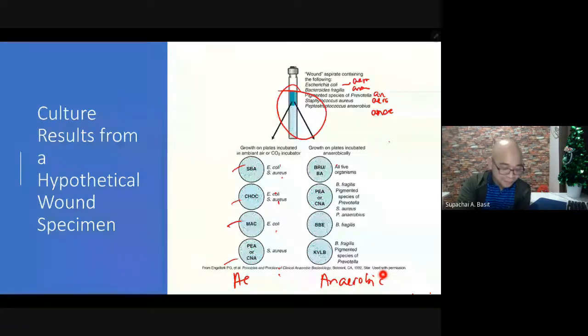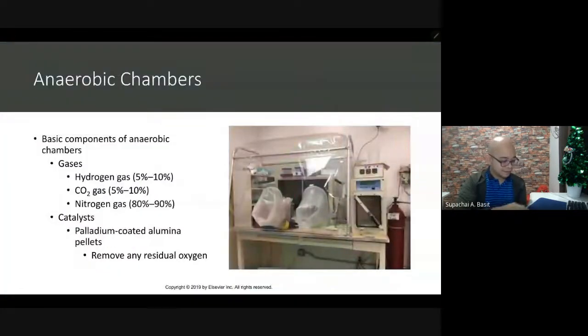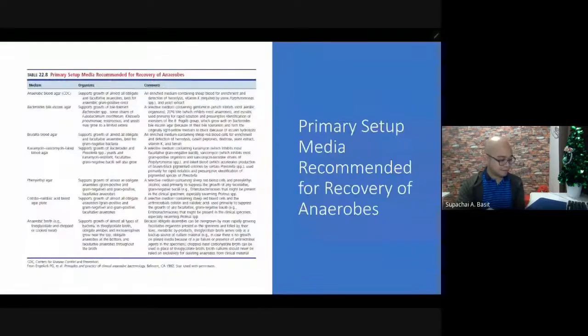The BRU here stands for Brucella. So, all five organisms may be isolated. Then, pigmented species of Prevotella can also be isolated in PEA and CNA. But BBE and KVLB would be exclusive for anaerobes. So, what is BBE?